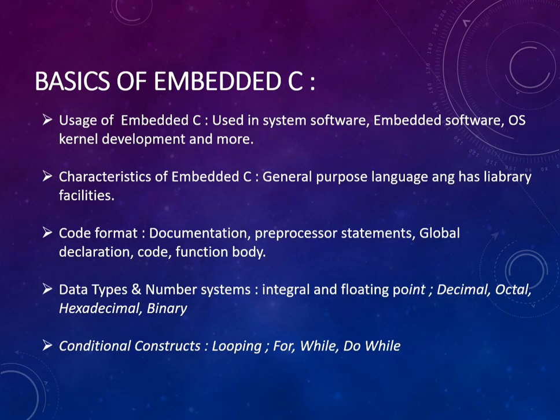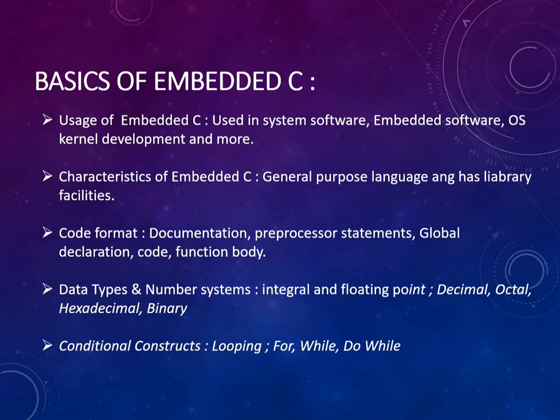Here are the basics of embedded system C. It is used in system software, embedded software, OS kernel development, and more. Characteristics of embedded system C: it is a general purpose language and has library facilities. The code format includes documentation, preprocessor, statements, global declaration, code, and function body.